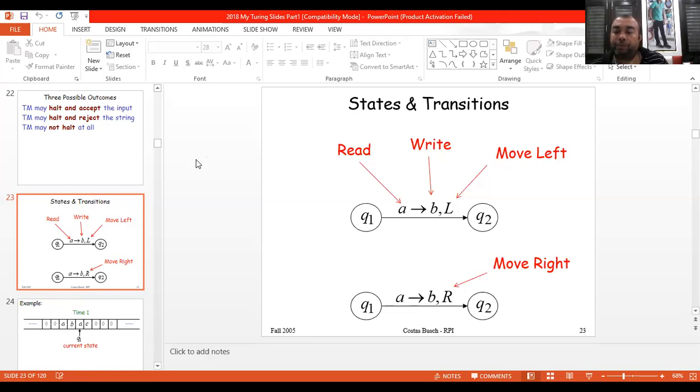But the below transition says that you are in state Q1, you are reading A from the input tape, you convert A into B, you move towards the right side, and you switch your state from Q1 to Q2.